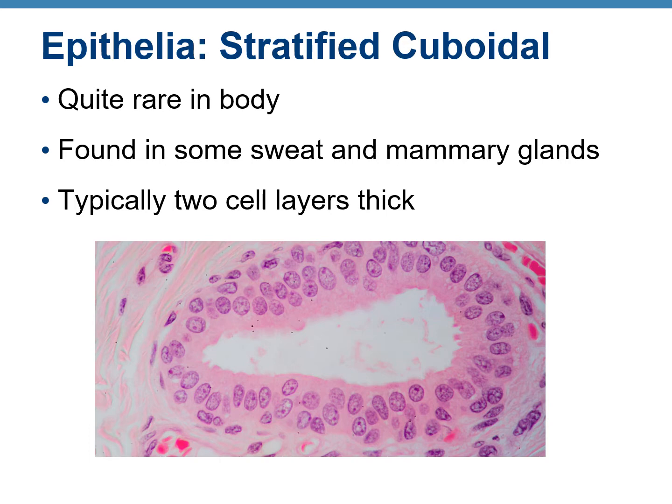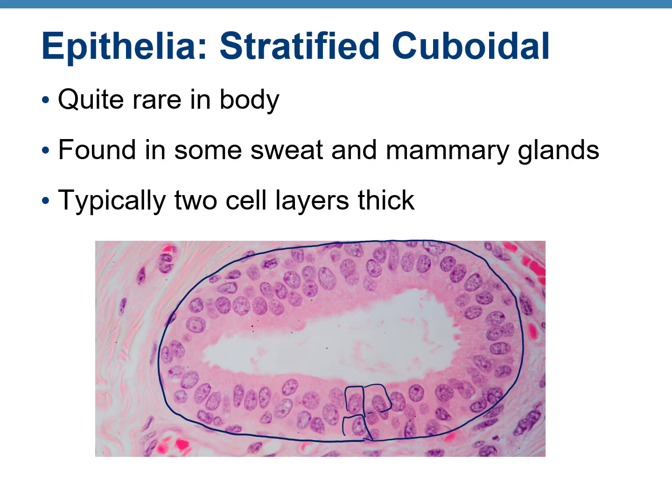So over here, what you see in the picture is some kind of duct or tube, and you can see we have several layers of cuboidal cells. I'm drawing the cells for you, and this darker part inside, those are nuclei. And again, 1 nucleus per cell, uninucleated.